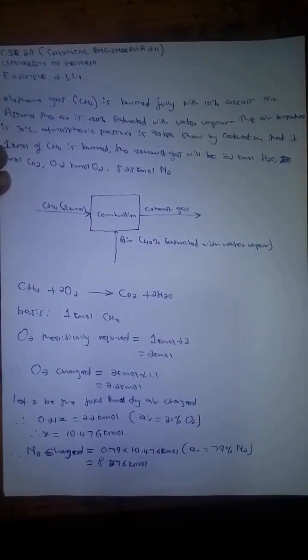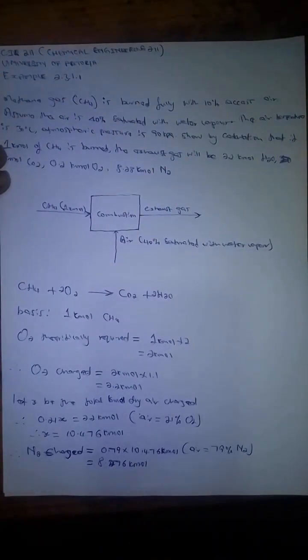In this case, at 30 degrees, water vapor has a specific vapor pressure, and that vapor pressure is the maximum pressure that water vapor can handle at 30 degrees.